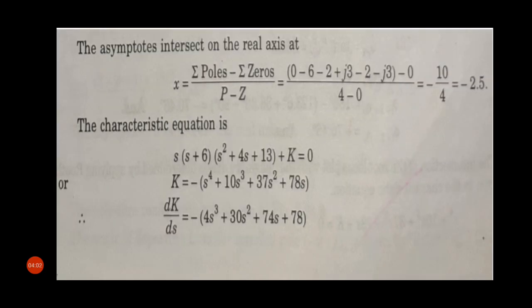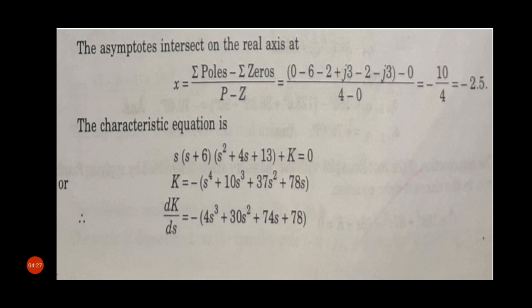Now we calculate the centroid, because we draw the asymptotes on the root locus plot. The asymptotes intersect at a point on the real axis, which is called the centroid. Using this equation we calculate the centroid.